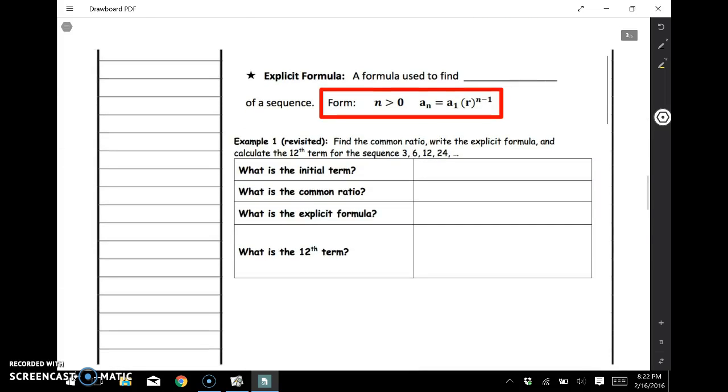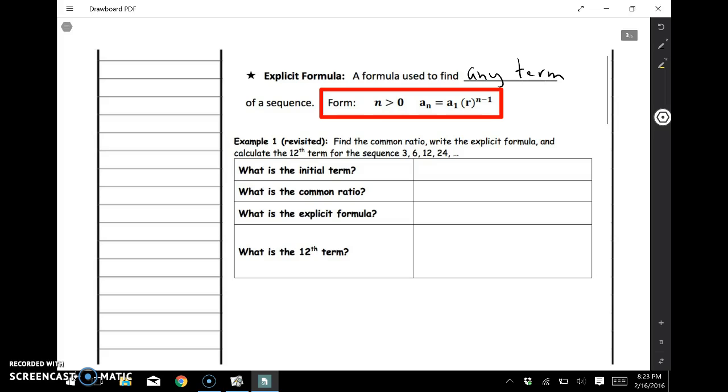Alright, so let's jump right into the explicit form. The explicit form is a form used to find, instead of the next term, the more practical, any term of a sequence. And I went ahead and put a red box around the form. So there it is.